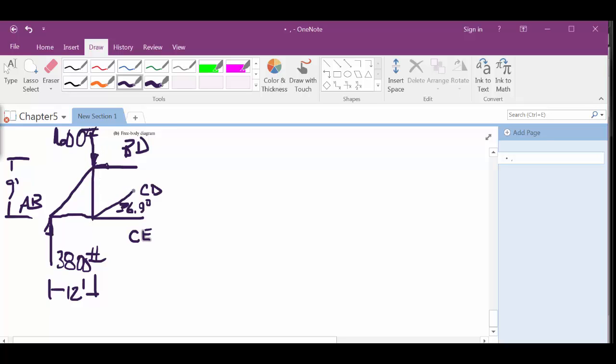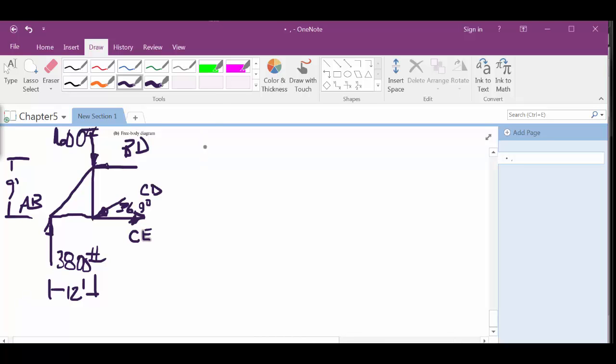More than likely, this one's pushing back up, isn't it? Or, excuse me, it's pulling down. Duh. 1600 can't overreact on that, can it? So it's probably going to be in compression. Pushing down. This one's going to be in tension. I don't know. I'm just guessing. I haven't looked ahead. Just guessing, so it doesn't matter.